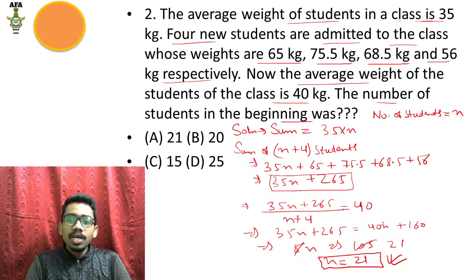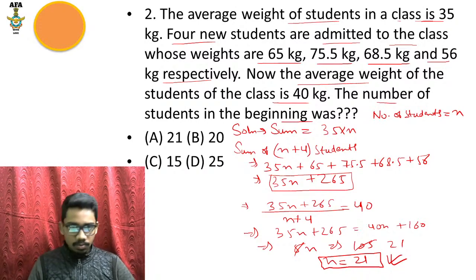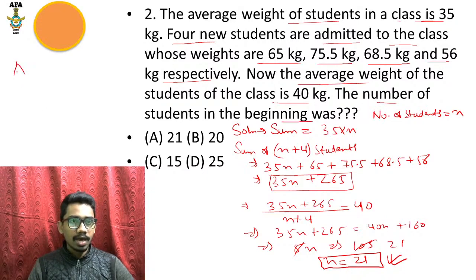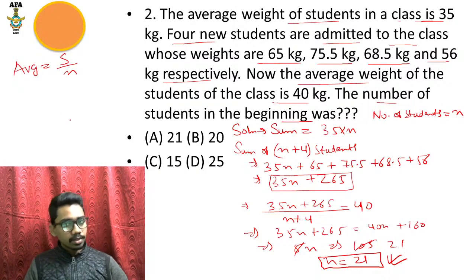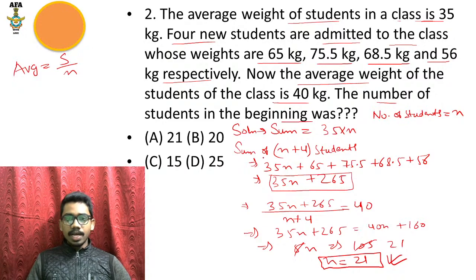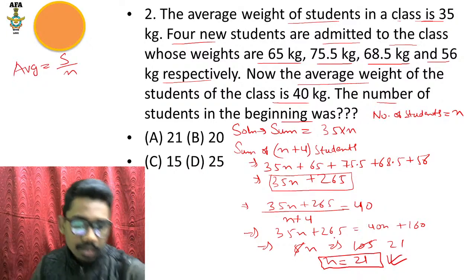Sum equals average into number of elements, because we know the formula: average equals sum by n, so sum equals average into n. So I calculated the sum for n plus 4 students, then I took the average and I got the answer. Okay.